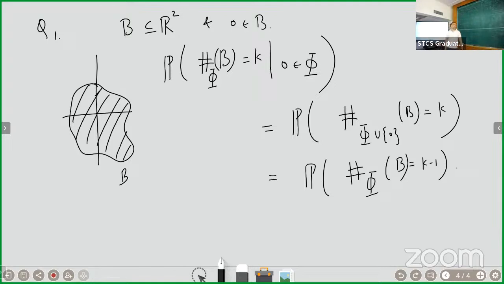Any idea how to do this from first principles? Suppose I did not have this theorem, how would I do this?